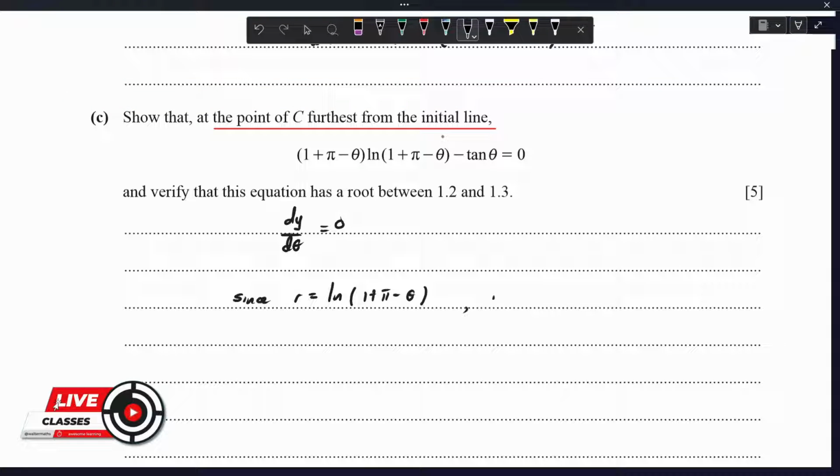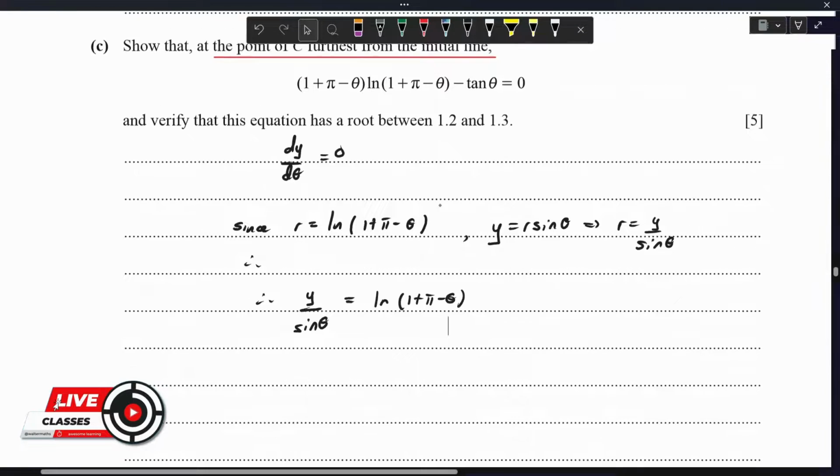And we know that y is equal to r sine theta. So essentially, this leads to r being y over sine theta. So therefore, y over sine theta is equal to ln of 1 plus pi minus theta. So y is equal to ln of 1 plus pi minus theta of sine theta.